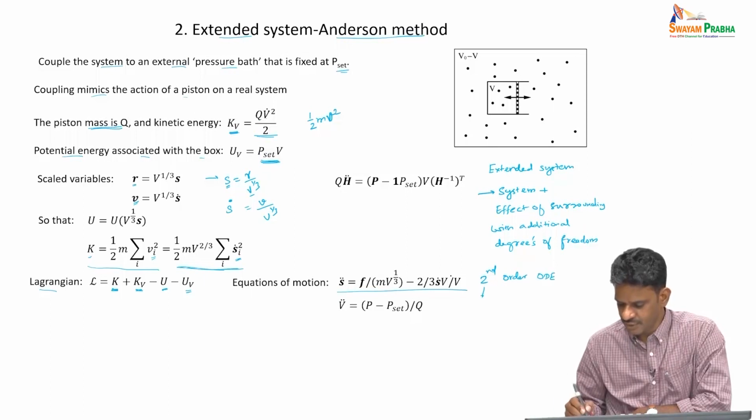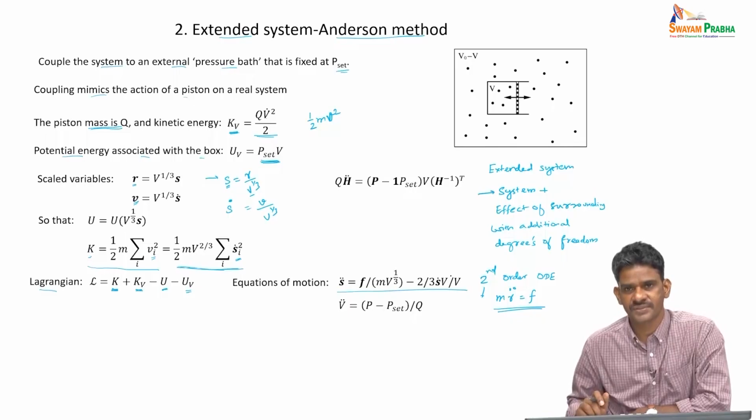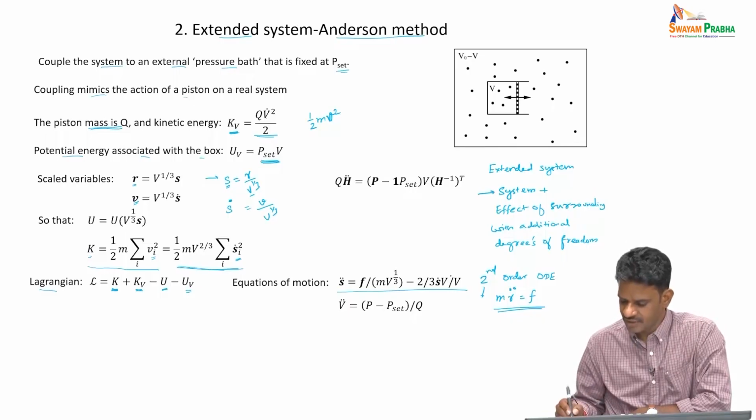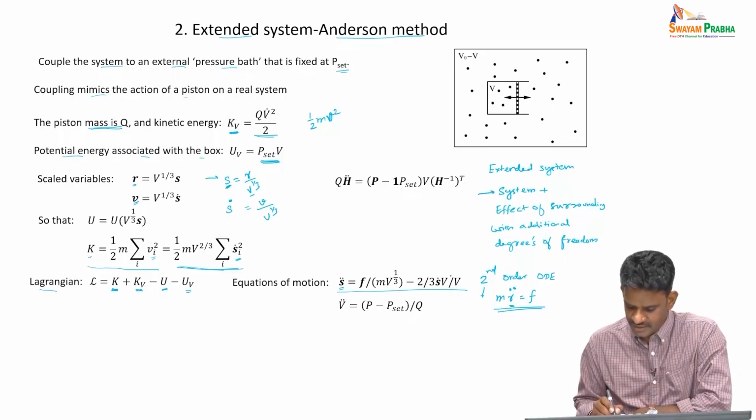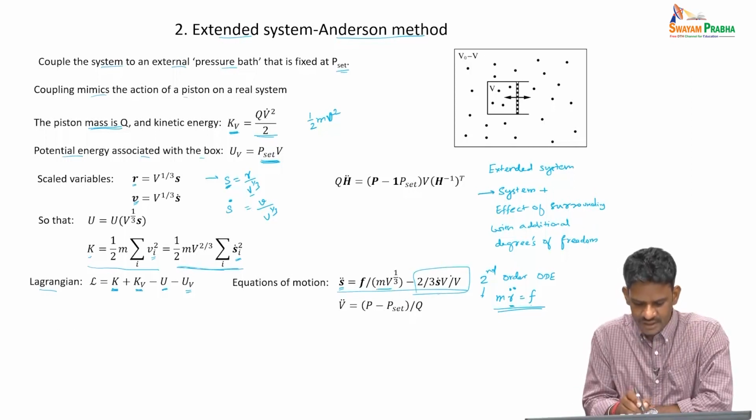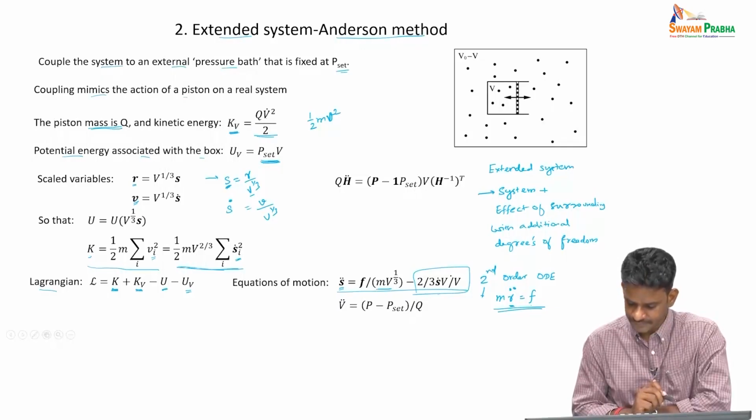This equation should be similar to Newton's law of motion for an unconstrained system, where m times r double dot is equal to force, but here instead of r double dot we have s double dot, because we are using a scaled variable with respect to the box length. The denominator has V to the power 1/3 because of the scaling. In addition to this force, we also have an additional term, which comes from the additional potential energy that we have defined.